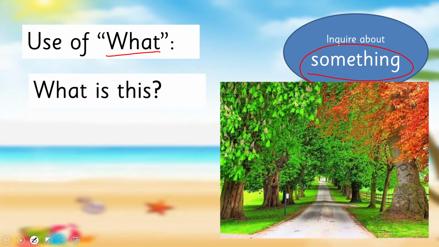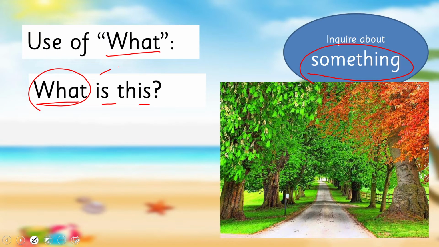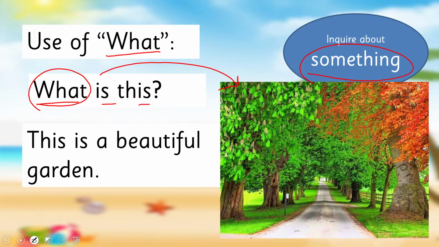For example, what is this? Now this what is a question word which is referring to this. I'm asking you, what is this? So, when you are being asked to tell what is this, how will you respond? You have to tell the answer by saying this is a beautiful garden, right?